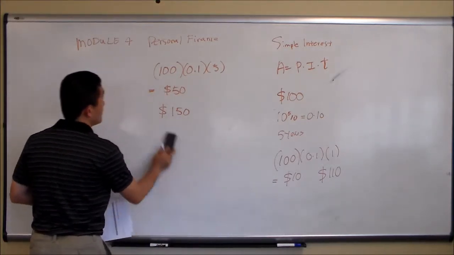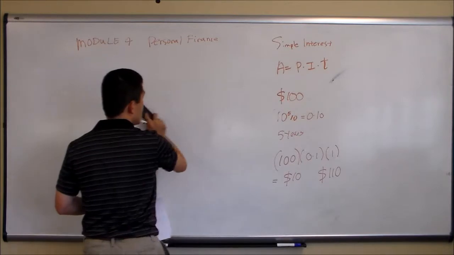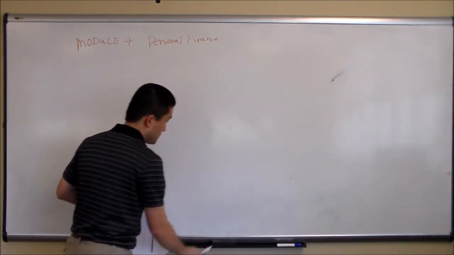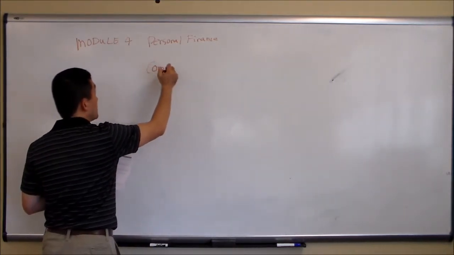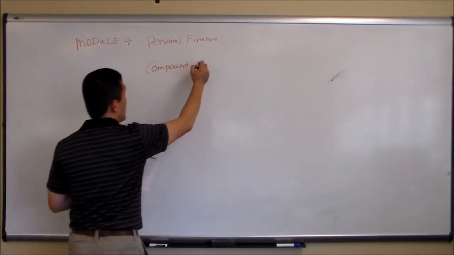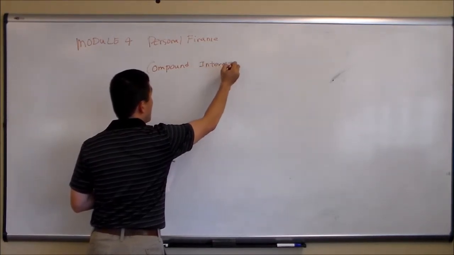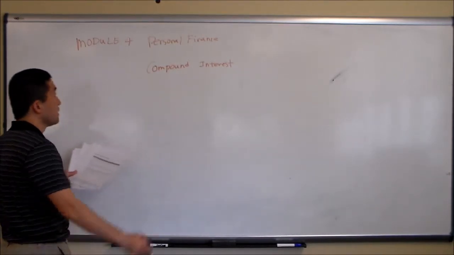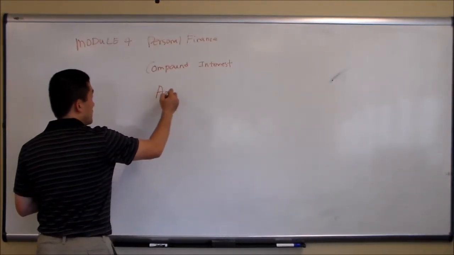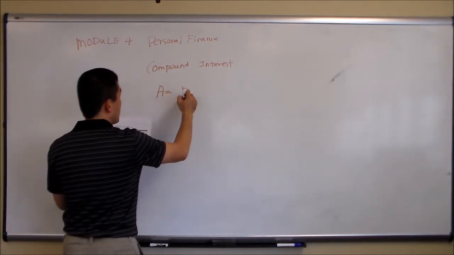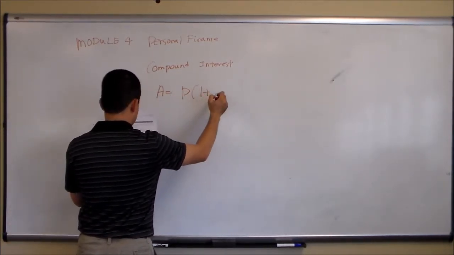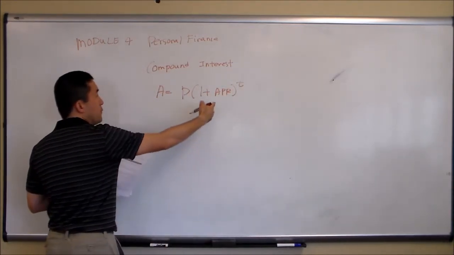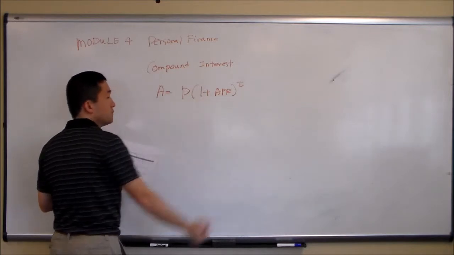Okay. So let's move on to the compound interest. There are a few different ones, so we'll cover them one by one. The general definition is this, where APR is the annual percentage rate.